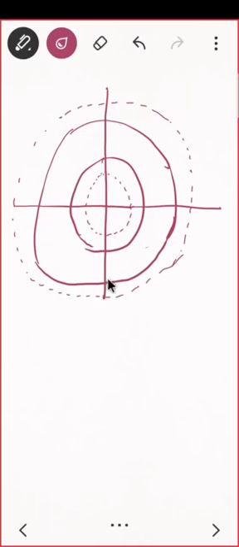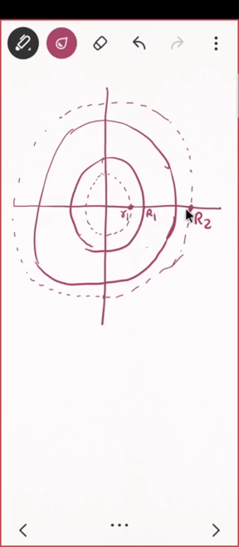Let me complete the drawing. Let us put the points. This is your point. This radius is R2, and this is R1. Actually, this is R1, and this is your small r1.